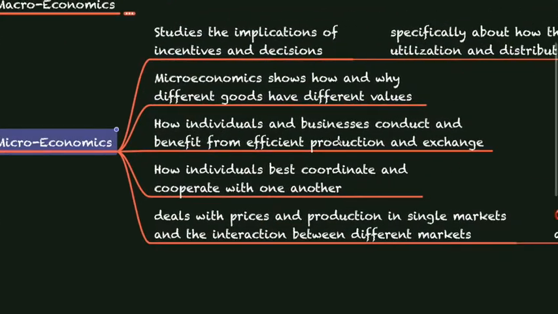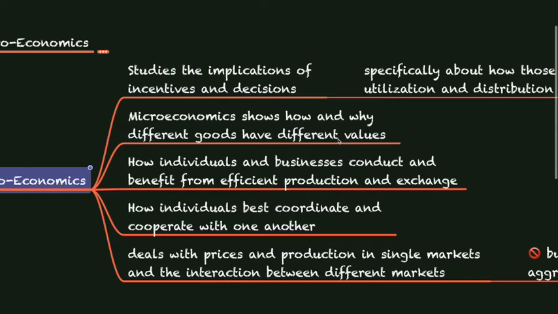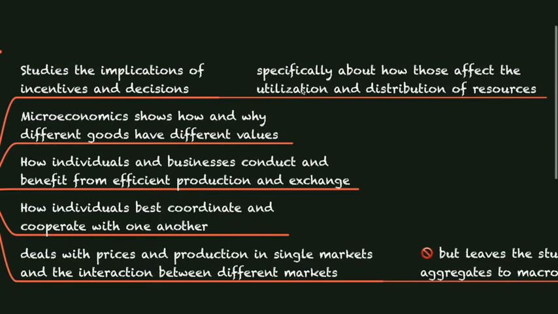So, what is microeconomics in general? It studies the implication of incentives and decisions, specifically about how those affect the utilization and distribution of resources. That is, we've already seen microeconomics is generally about allocation of resources to different factors of production.